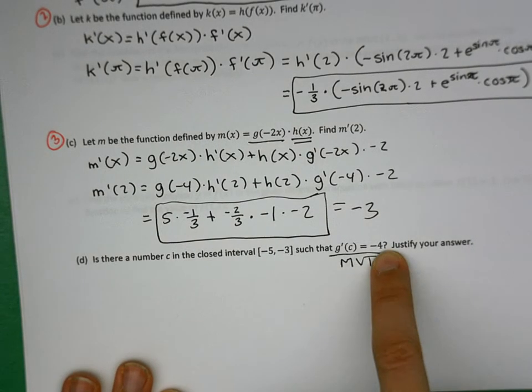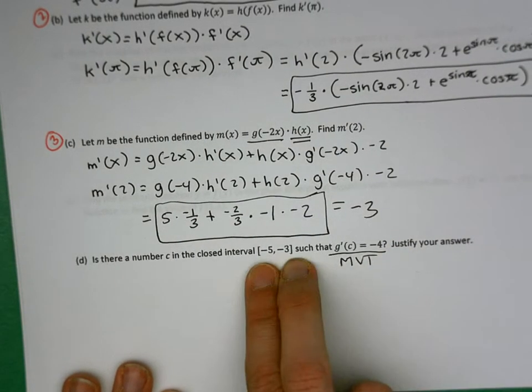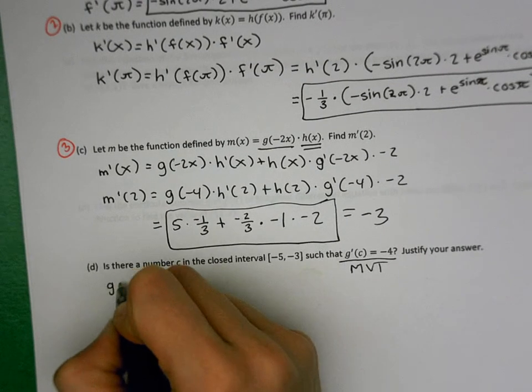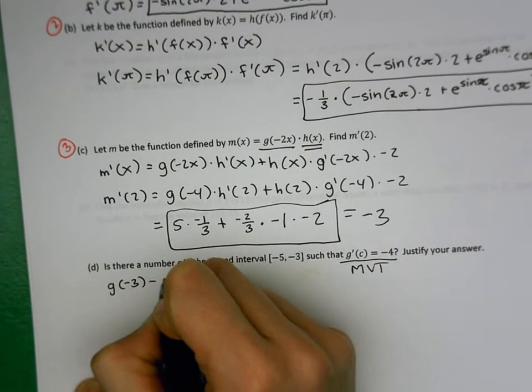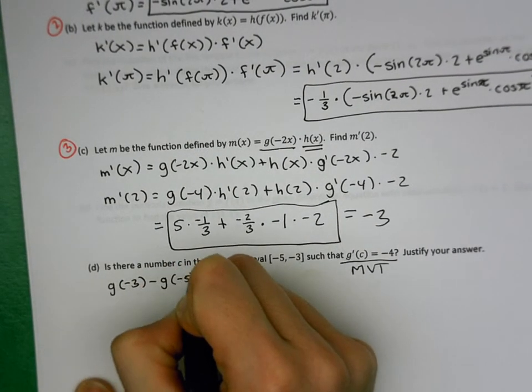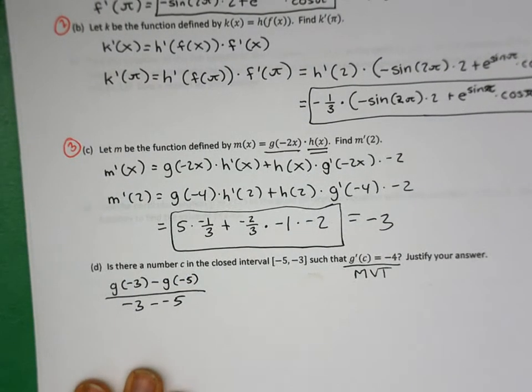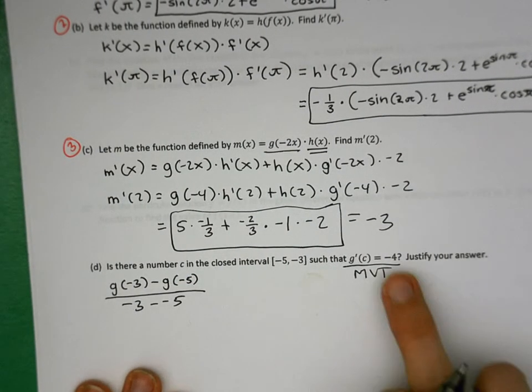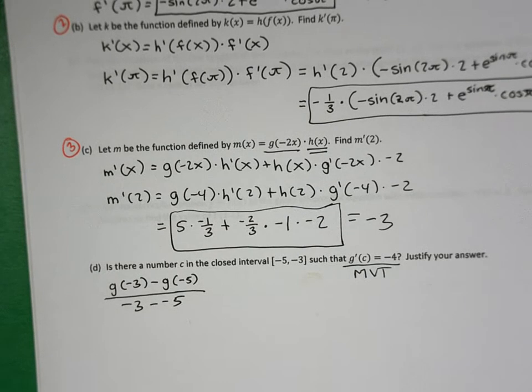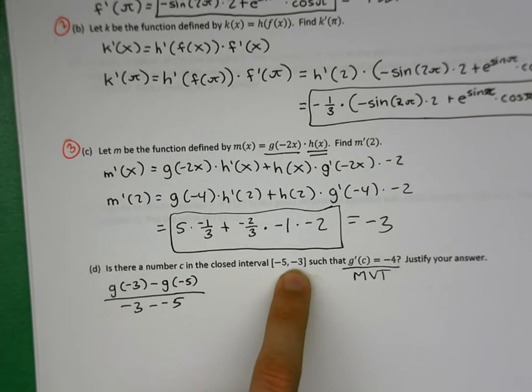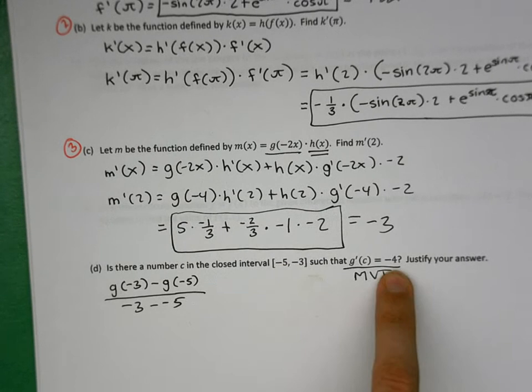I always recommend starting with the endpoints provided. So f of b minus f of a over b minus a. If those don't give me negative 4, then I'm going to go ahead and maybe try negative 5 and negative 4, or negative 4 and negative 3. Anything else that's in this interval, trying to guarantee that that slope exists.